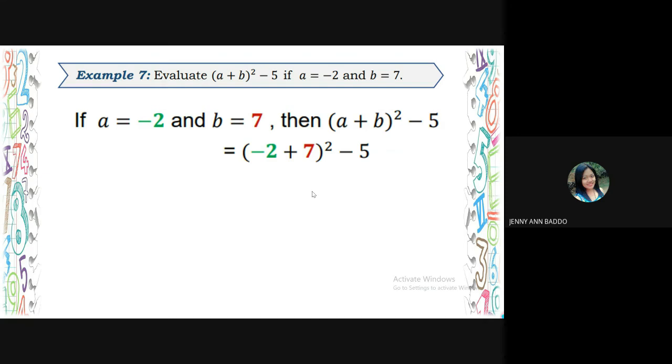Begin with the parentheses first. So we have negative 2 plus 7, different signs. So we're going to subtract. 7 minus 2 is 5. Larger number is 7. Therefore, we have positive 5 squared minus 5. 5 squared, that's 25, minus 5. So we have 20.